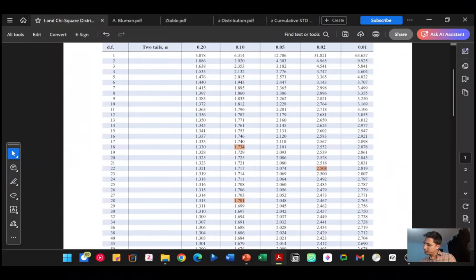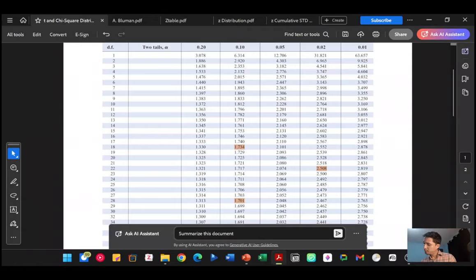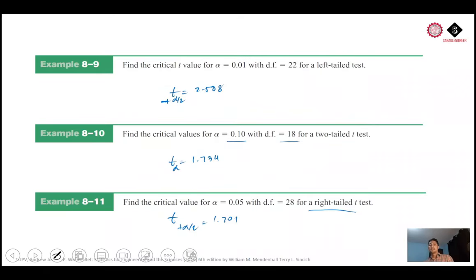So the answer is 1.701. Okay, so that's how you find t values using the t or student distribution.